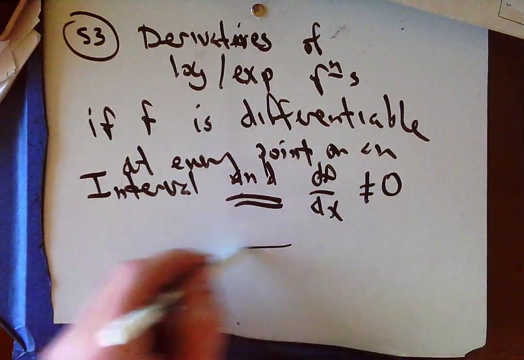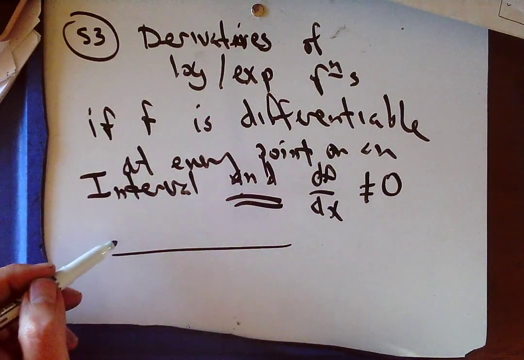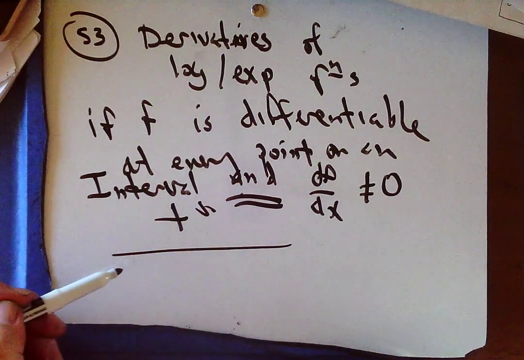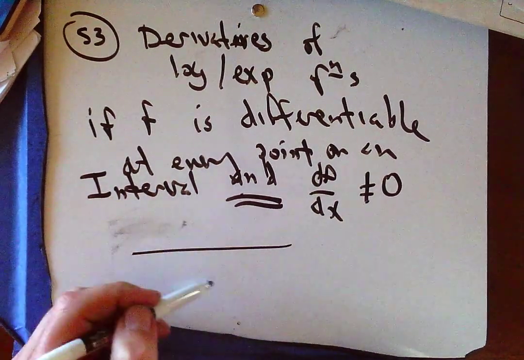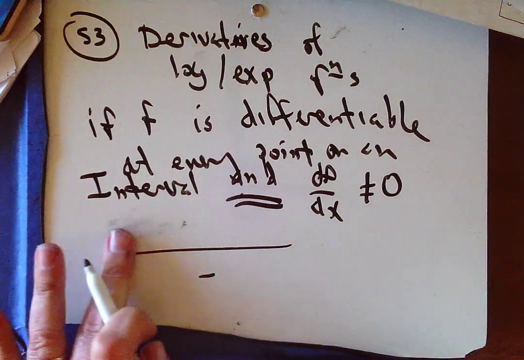Now think about that. Here's my f prime sign chart. The derivative is never equal to 0. So either I get a plus, which means that this function is always increasing, or I get a minus, in which case this f function is always decreasing.